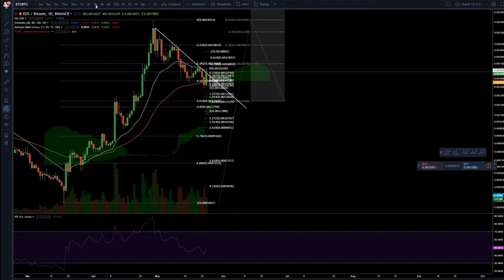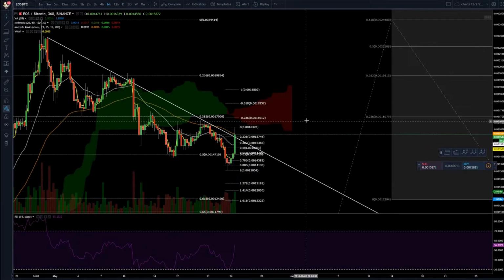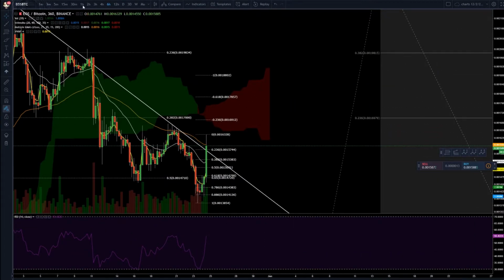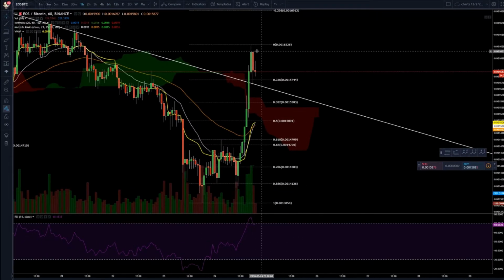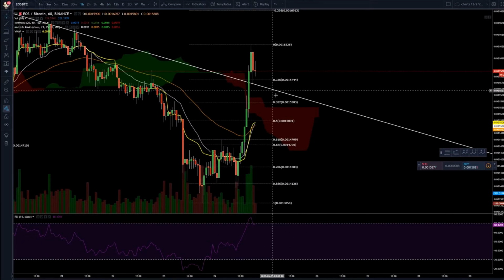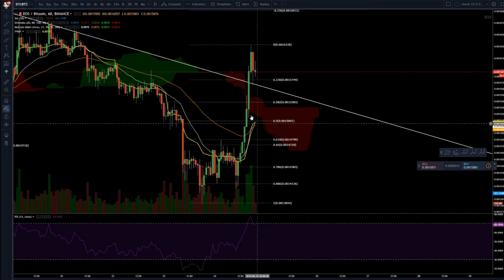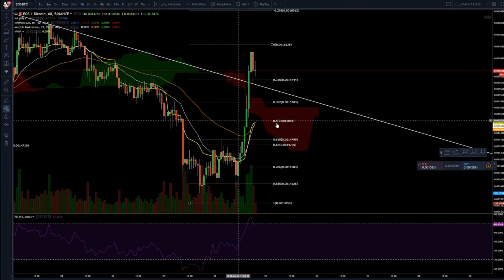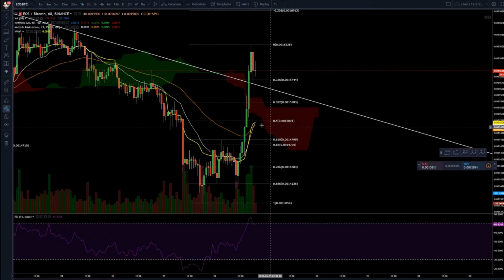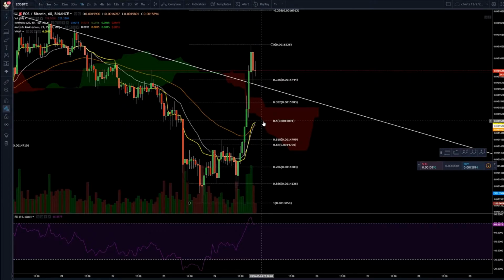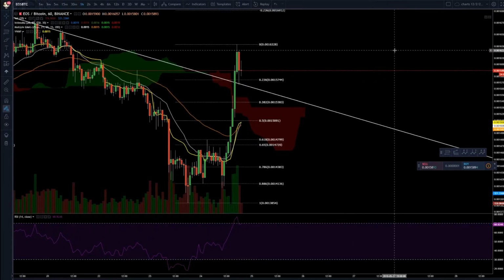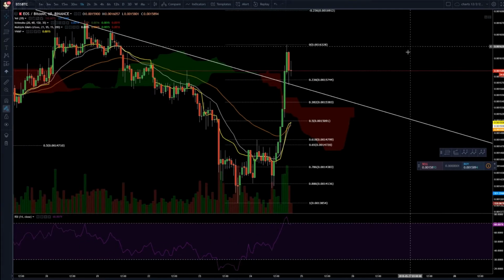So yeah, guys, EOS right now, I already took my profits, and I'm glad I did, because it's falling again, right? So I'm waiting for it to hit these EMAs or so, and probably buy again around here. It all depends on what Bitcoin's doing, though. All right, so that is EOS for you right now, guys.